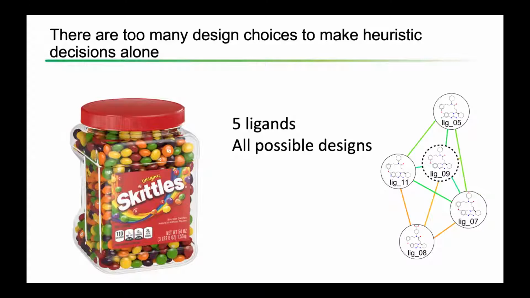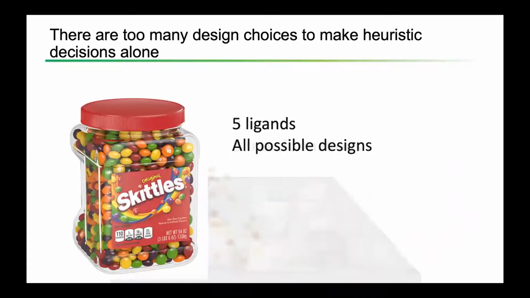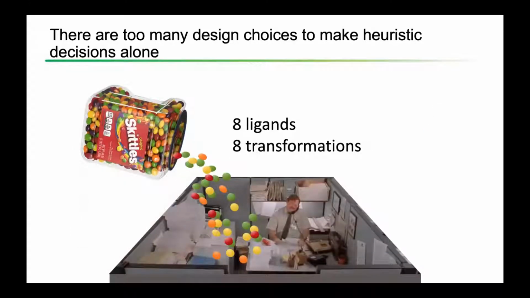If, on the other hand, we had 8 ligands, and you just wanted to run 8 transformations, you would already have to fill a standard cubicle full of Skittles for the number of designs that your software has to sort between. If I added just 3 more edges to that, this room that I'm currently in would actually be filled. So do the current methods that you use, are they able to handle that problem? And that's the thing that O-LOMAP's really trying to tackle.